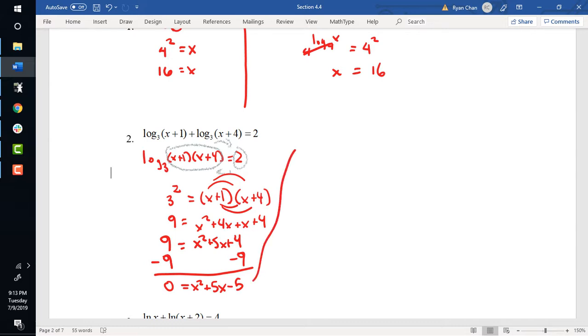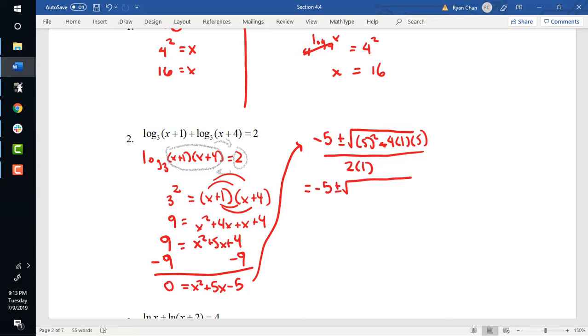So I realized I need to do the quadratic formula. So this is -5 plus or minus the square root of 5 squared minus 4 times 1 times 5, all over 2 times 1. So this is equal to -5 plus or minus the square root of 25 minus 20 over 2.